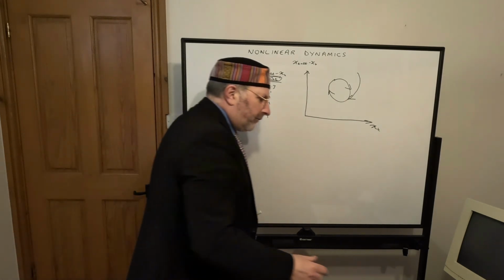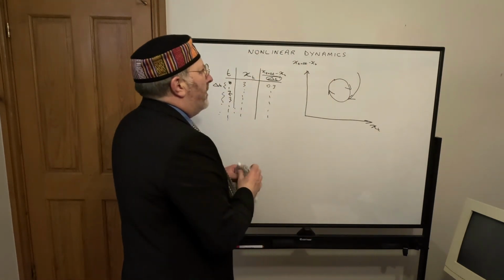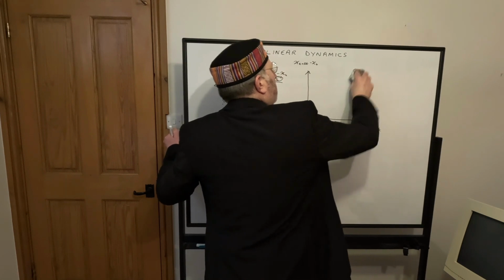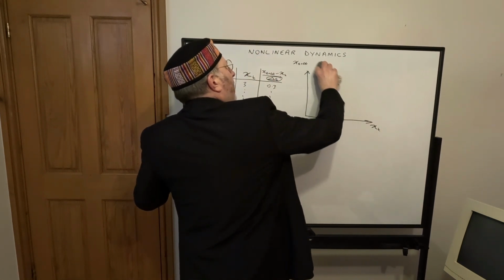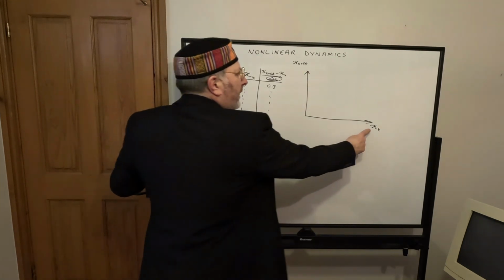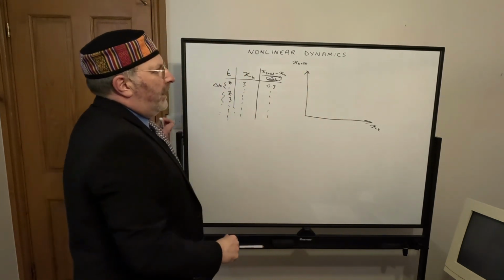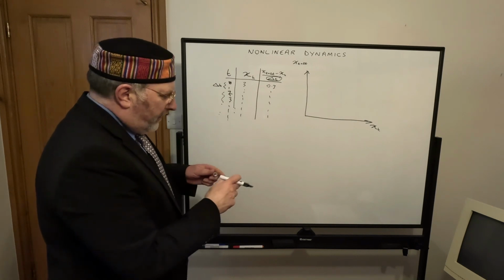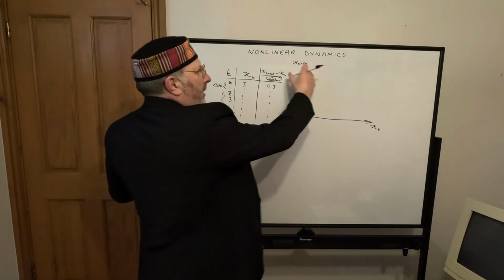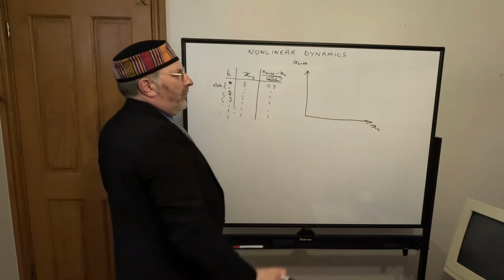And in fact, another thing we can do is just plot x(t plus delta t) against x(t). And for known equations, there will be known patterns how this would look.